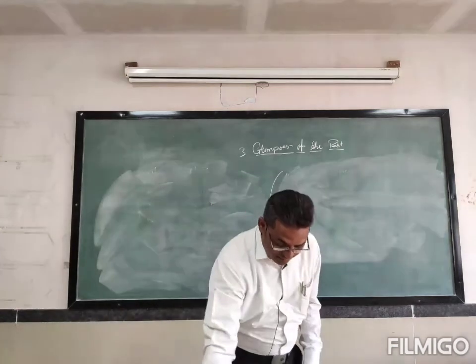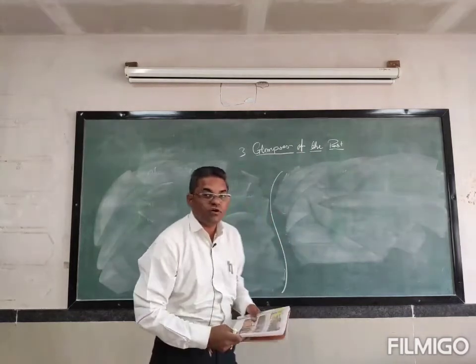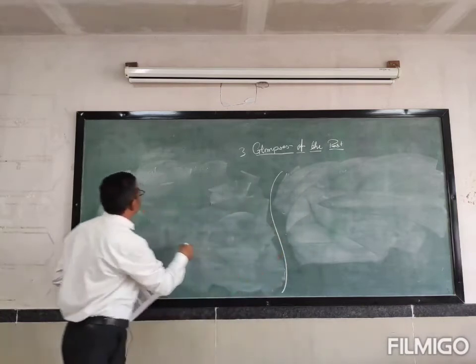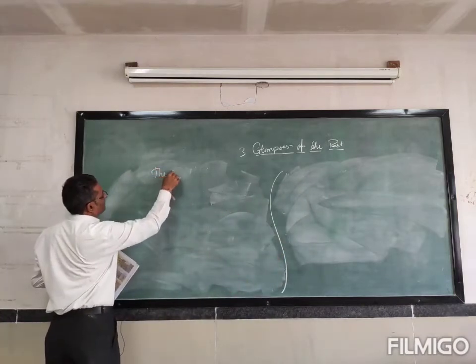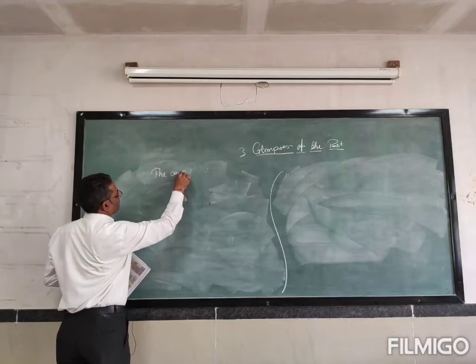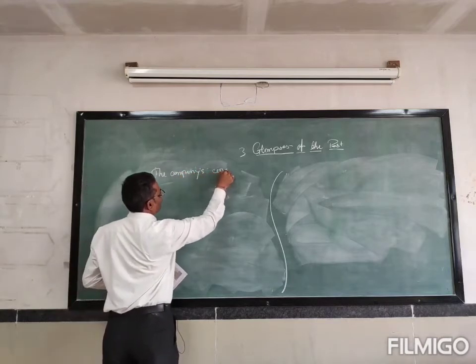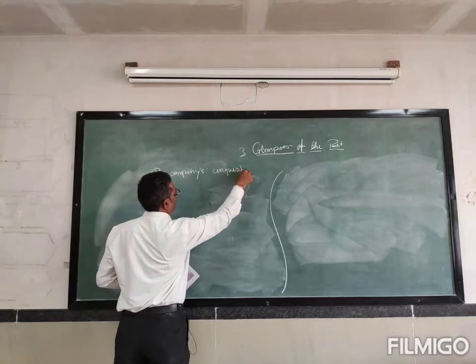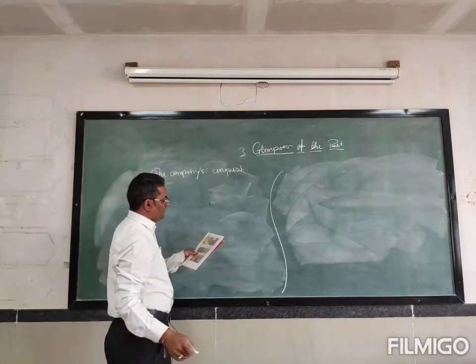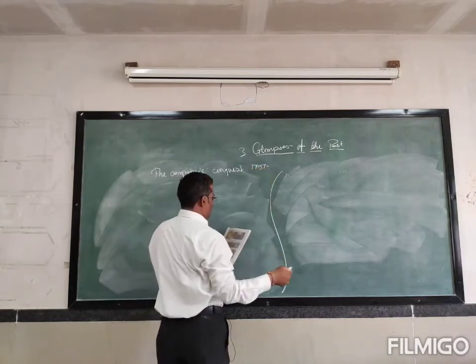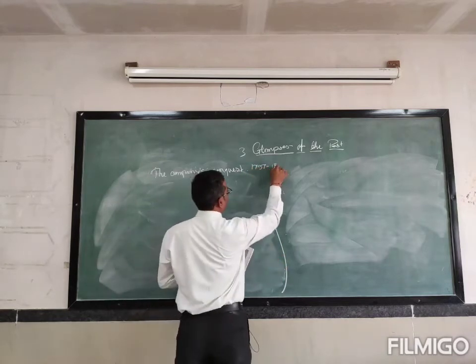Now what is article number 2? The company's conquest. It was 1757. The time period is 1849.